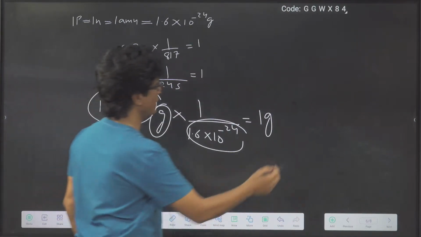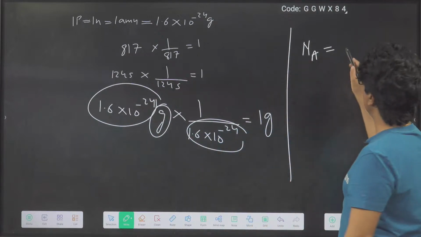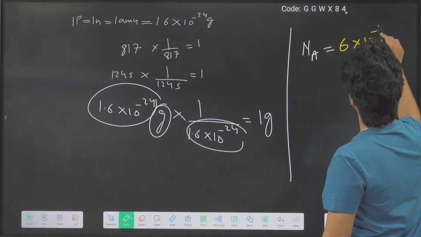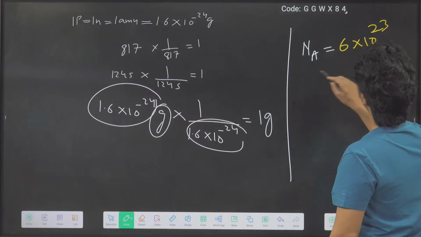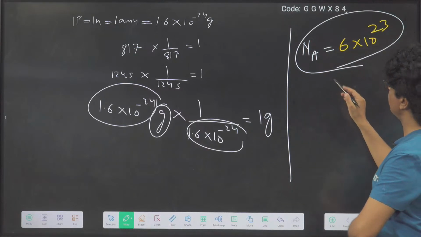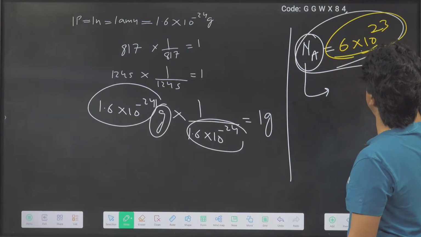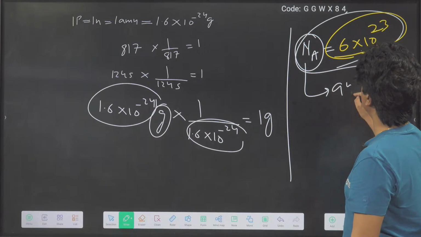Now see this. What is the value of NA? It is 6 into 10 to the power of 23. Yes or no? What I'm saying is, why is this value of NA 6 into 10 to the power of 23? Why is it not my mobile number?